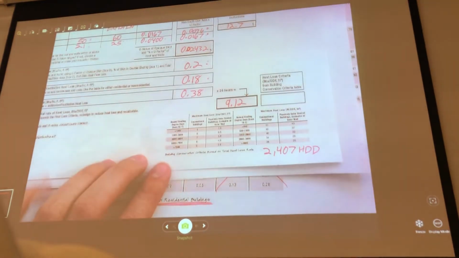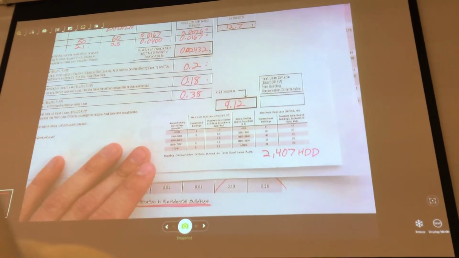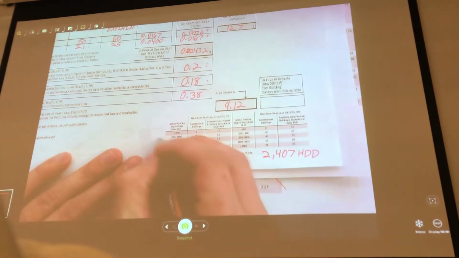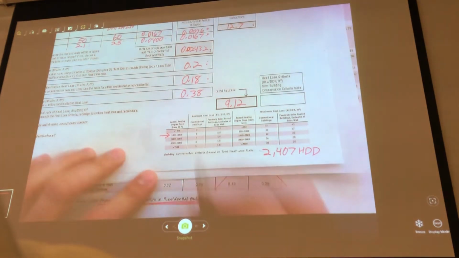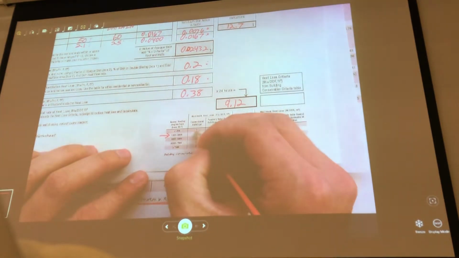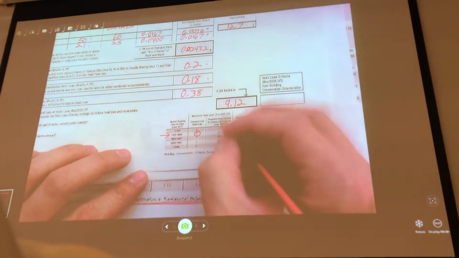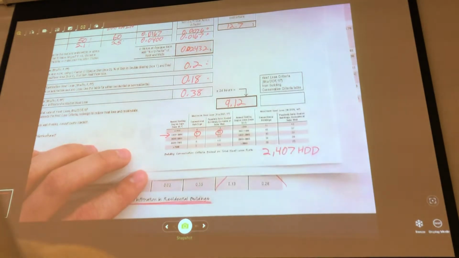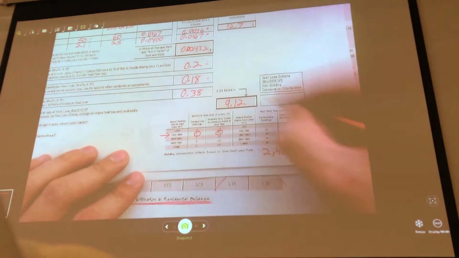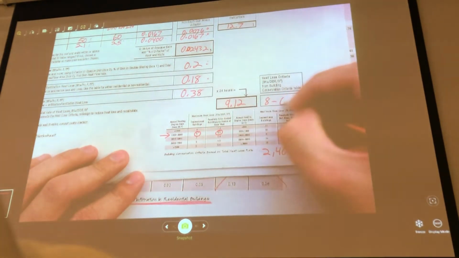We're on 2,400. So that means we fall within the 1,000 to 3,000 category, which means for a conventional building, I should be somewhere around 8. And if I have some form of passive solar building, I should be around 6.6. So I should be somewhere between 8 and 6.6.